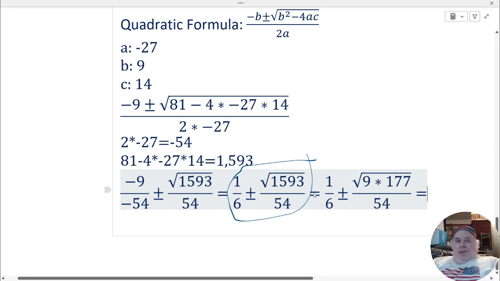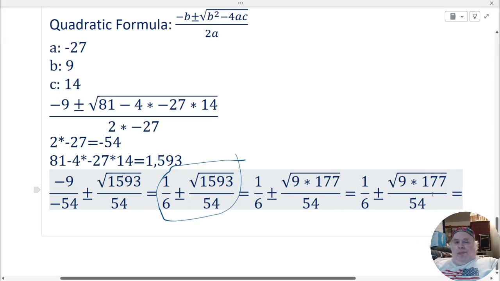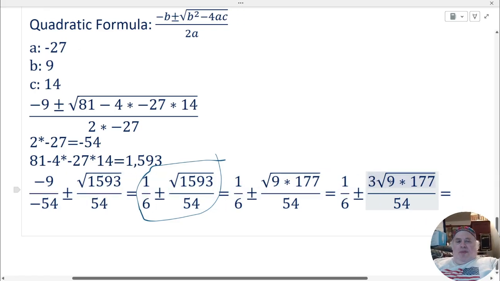which in turn will simplify to take the 9 out as a 3.